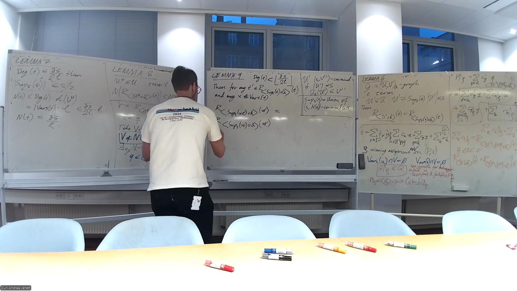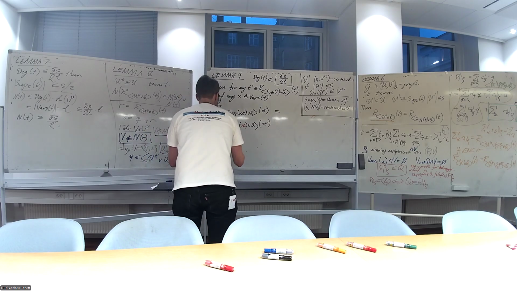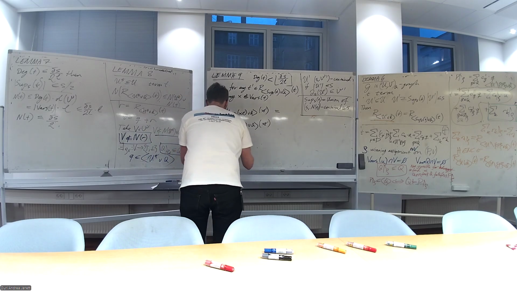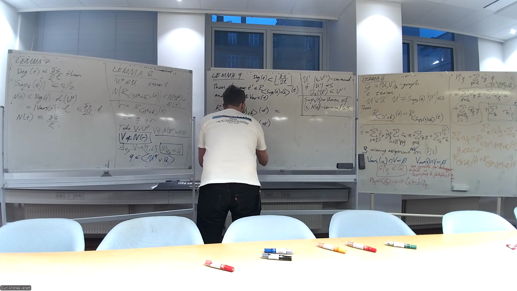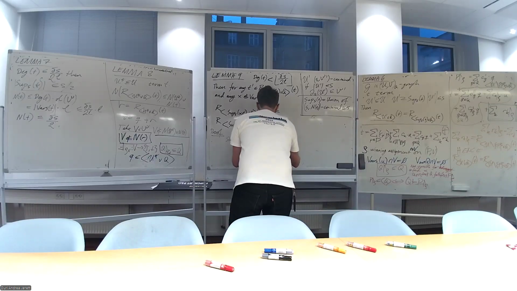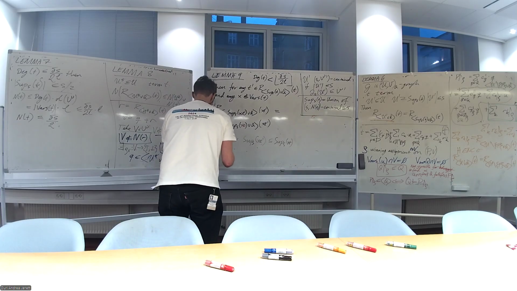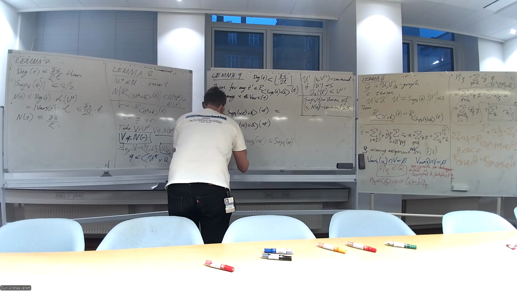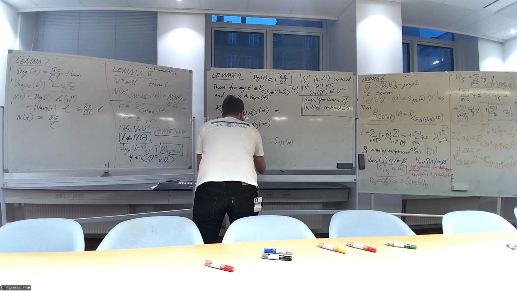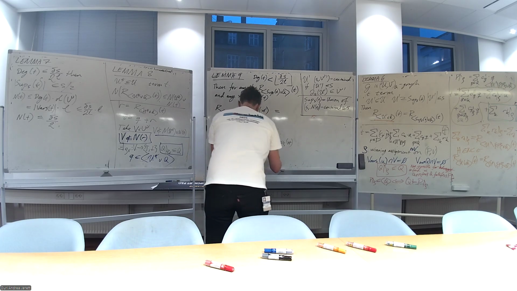Okay, so now our plan, we want to prove two things. We want to show that the support of x t prime is in fact contained in the support of x t. And we want to show that the support of x t has size at most s.